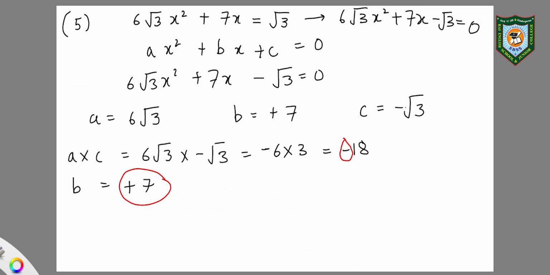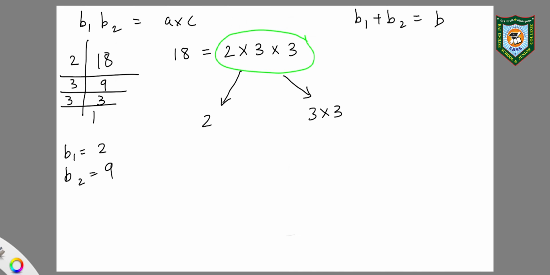If you want the product negative and the addition positive, that means my greater number has to be positive. So I'll assume that b1 is minus 2. When I add b2 plus b1, which is 9 plus minus 2, this becomes plus 7. So yes, my condition is satisfied, and I can use 2 and 9 as my factors.